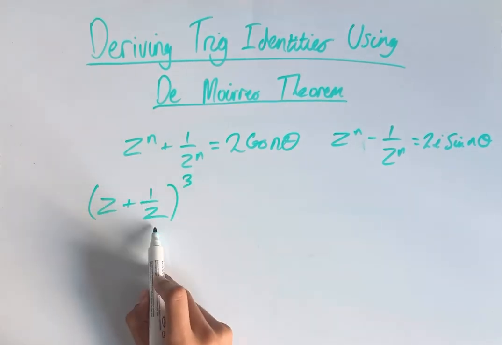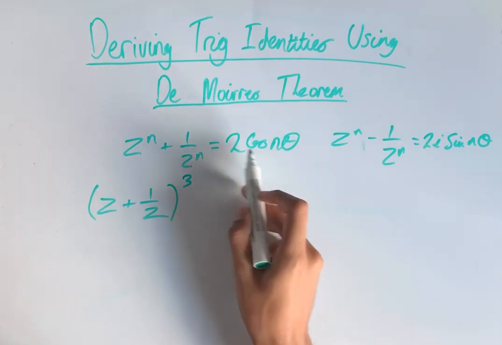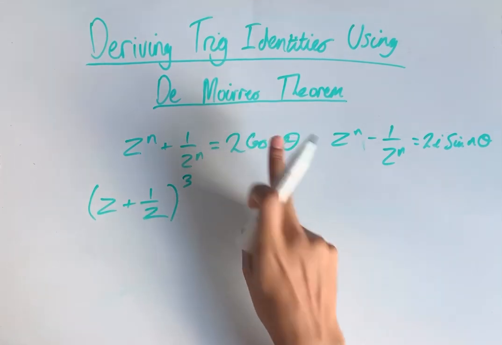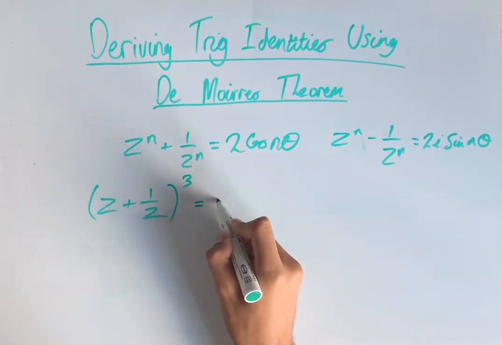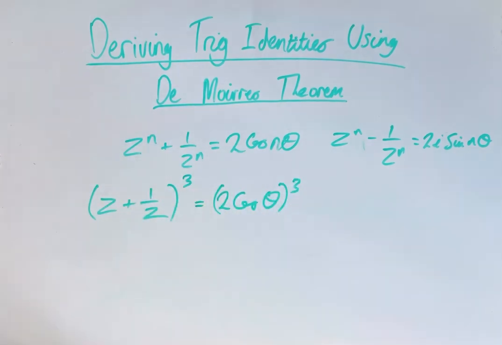We know that z plus 1 over z is equal to 2 cos n theta, or in this case 2 cos theta, because n is 1. So we're just going to say that's equal to 2 cos theta all cubed.